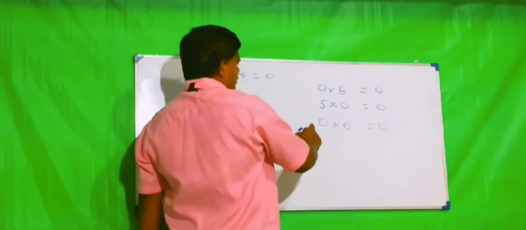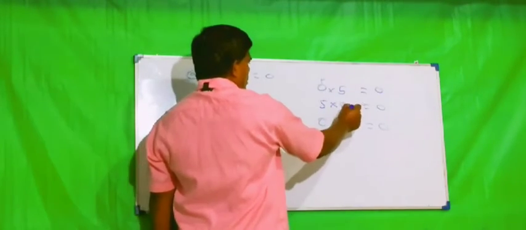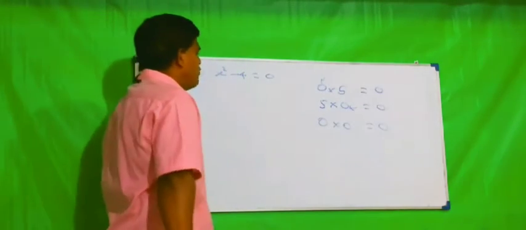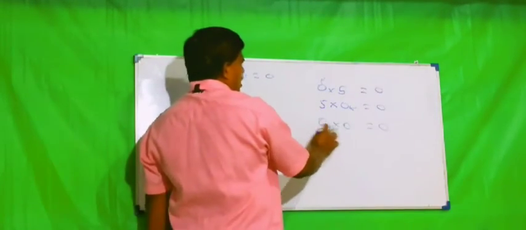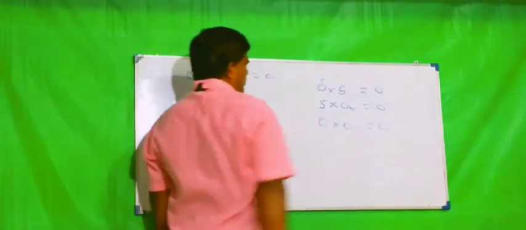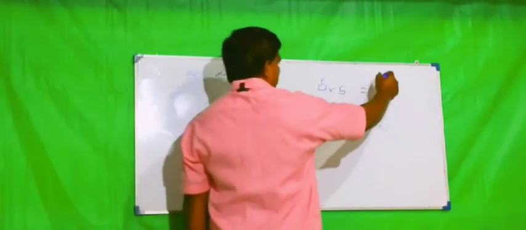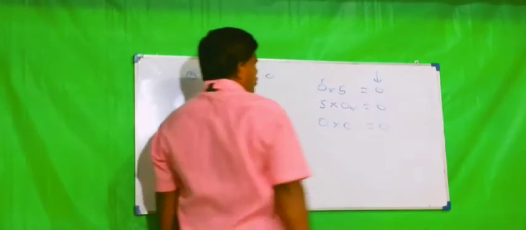Out of them, in all of them, at least one value is 0. Here both are 0. The results are the same, 0. If we consider the right side, 0 is obtained.